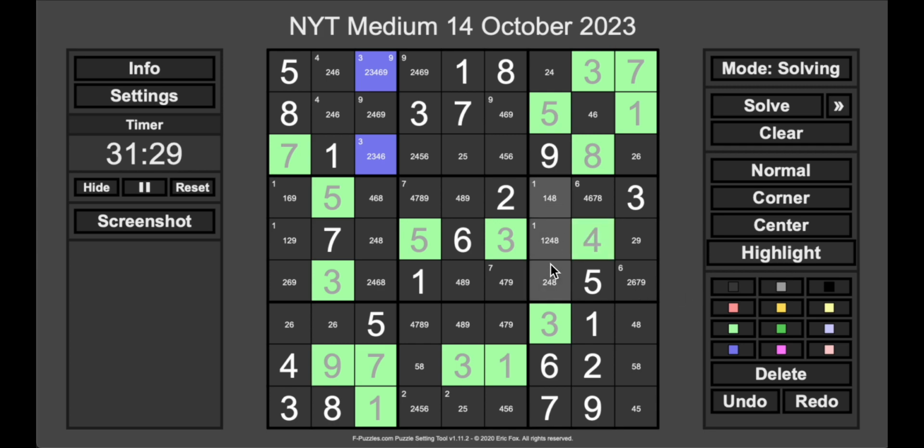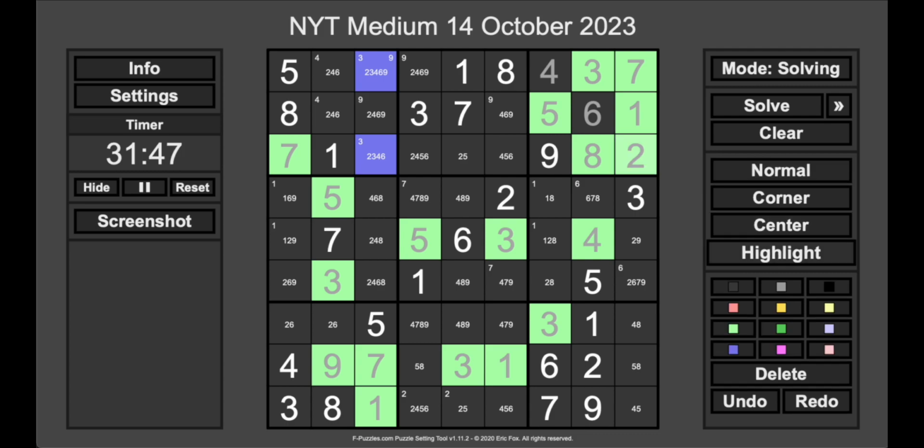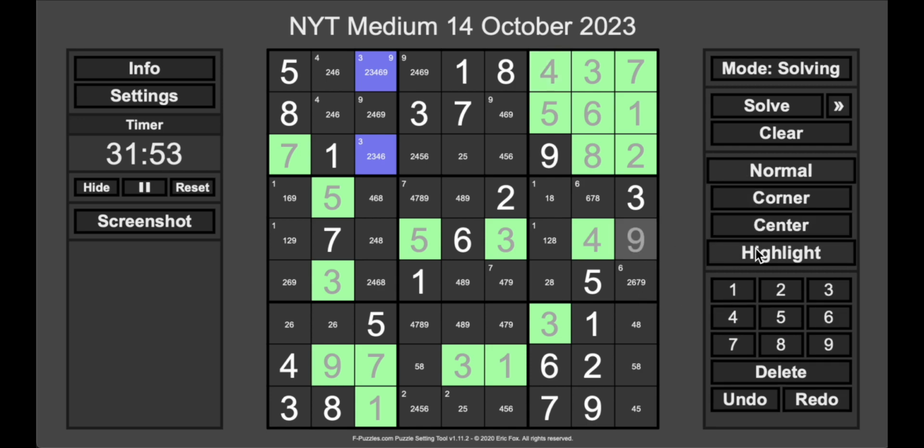Okay, so none of these are 4. Neither is that. Now, that 4 will make this 4, and that sorts out the rest of box 3, because that's 4, that's 6, that's 2. 2 comes down here, that's a 9.